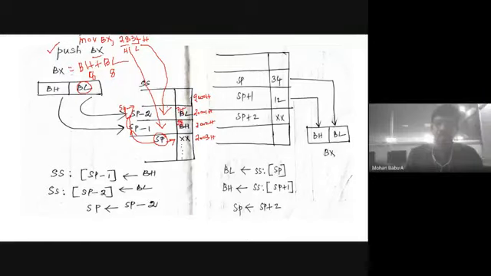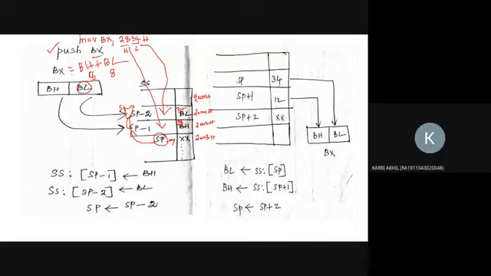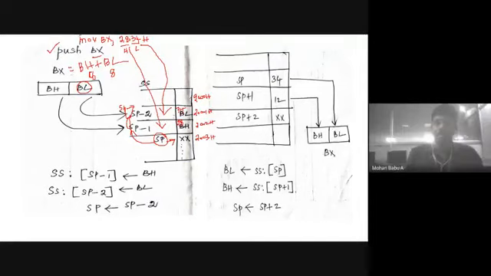Sir, it is not understandable from BX onwards. Can you explain this stack box, sir? This box, okay. This one is the stack segment. It can store some data, right?